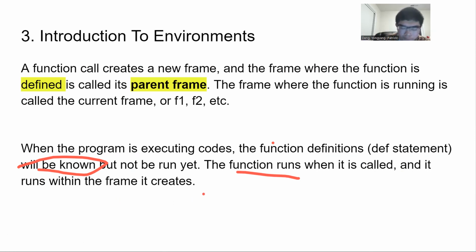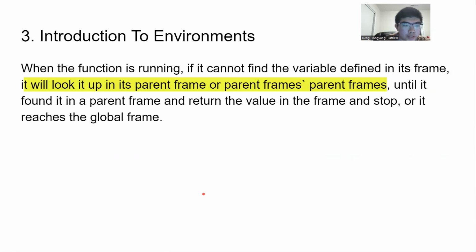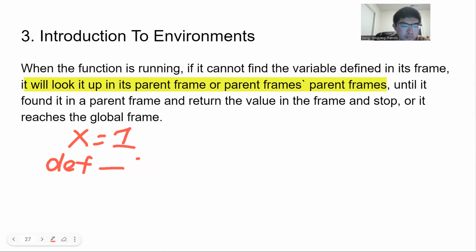And when it runs, it will create a new frame, and it will run within the new frame that the function call creates. So when the function is running, if you cannot find the variable defined in the current frame, it will look it up in the parent frame. Let's have a small example. Let's say x equals 1, and you define the function here. And then you may want to return x.